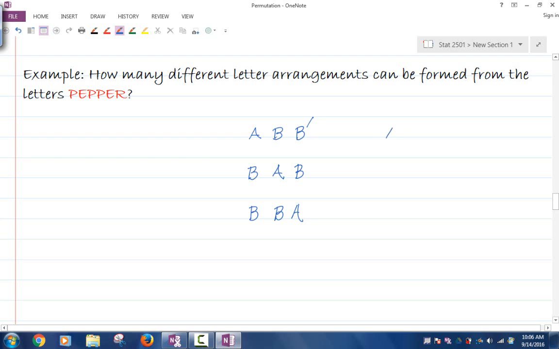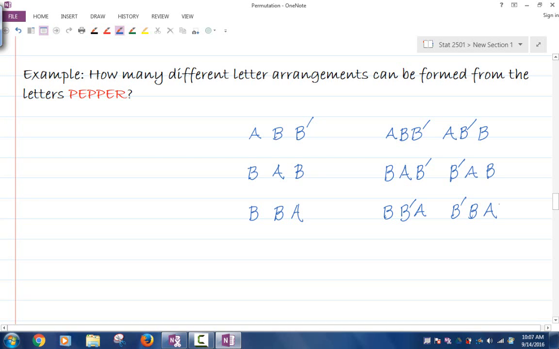Obviously I'm going to have A, B, B prime, A, B prime, B, I can also have B, A, B prime, B prime, A, B, B, B prime, A, and B prime, B, A, right?